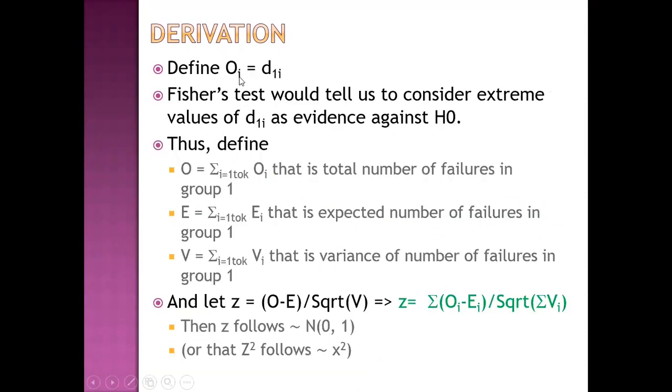We define the observed event at i as d1i, then Fisher's test would tell us to consider extreme values of d1i as evidence against H0.